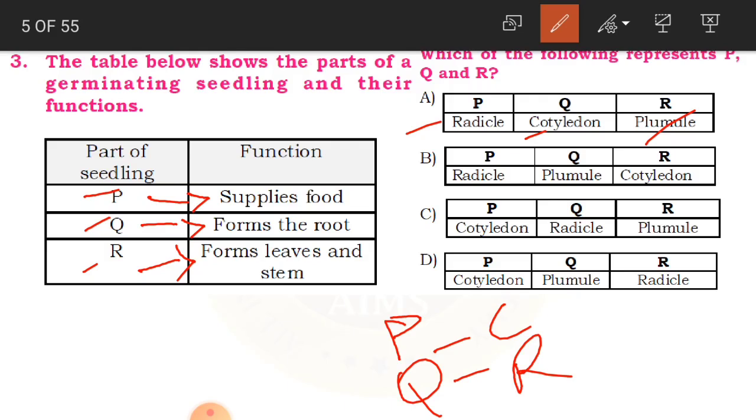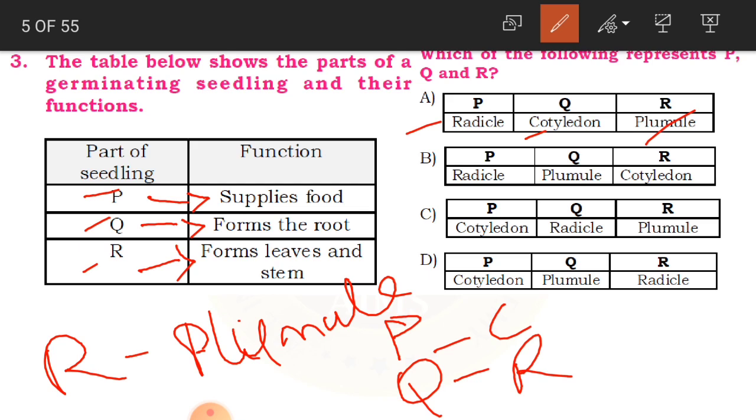Q is radicle, okay, and the other one is R. Q forms the root, and the other one here R, what is it? It forms leaves and stems. So what is that? It is plumule. Plumule, okay. I will write like this one, okay children. Now R is what? Plumule.